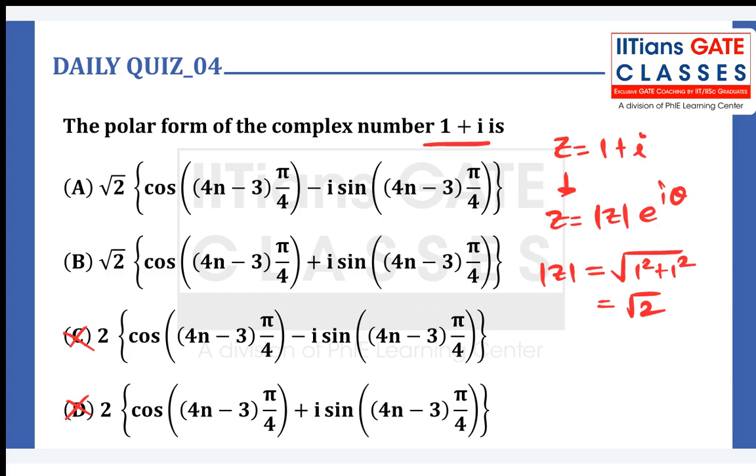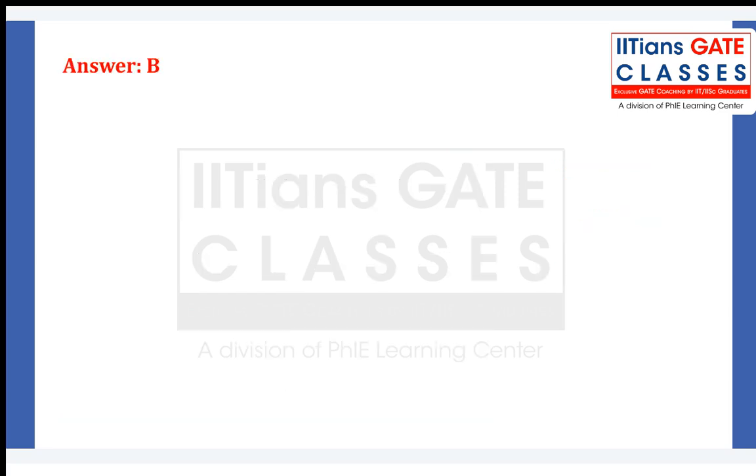So one of the options will be correct from A and B, because e power I theta is nothing but, we will go to the next slide. Okay, so it will be square root of 2 e power I theta. Okay, and typically theta is tan inverse of mod of y by x. Okay, and depending on which quadrant it lies, you can do that, because theta is nothing but the angle measured from the positive real axis.